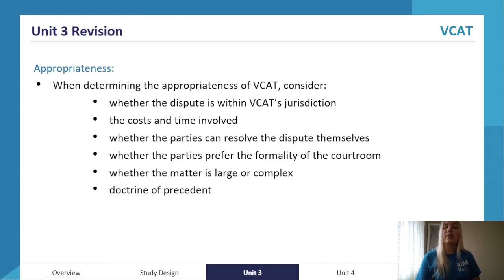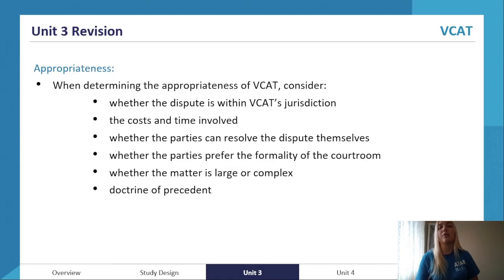Consider whether parties prefer the formality of the courtroom. If they do, they should pick the courts. If the matter is large or complex, statutory interpretation may need to be conducted or complex laws may need to be applied, and this indicates that the claim should go to the courts. Also, VCAT has a very limited appellate jurisdiction, and appeals can only be initiated based on a point of law.